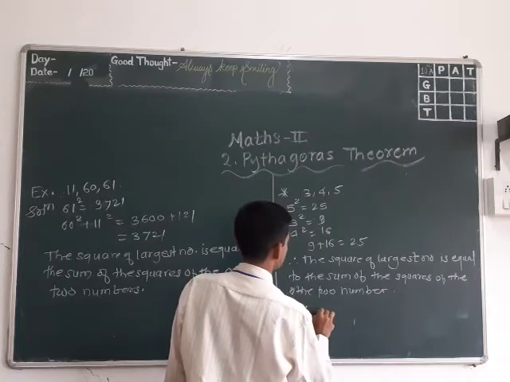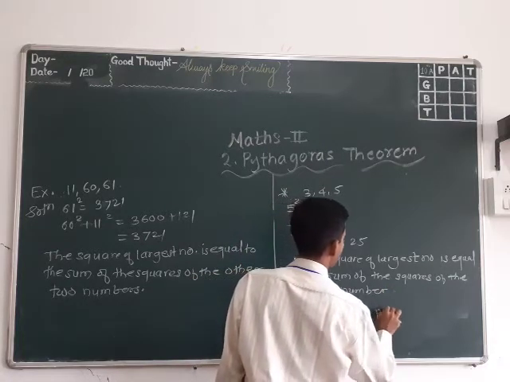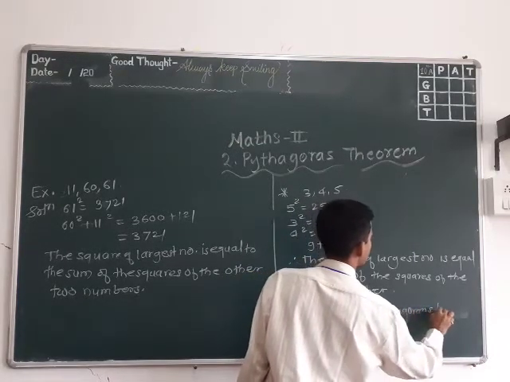Therefore, 3, 4, 5 is a Pythagoras triplet.